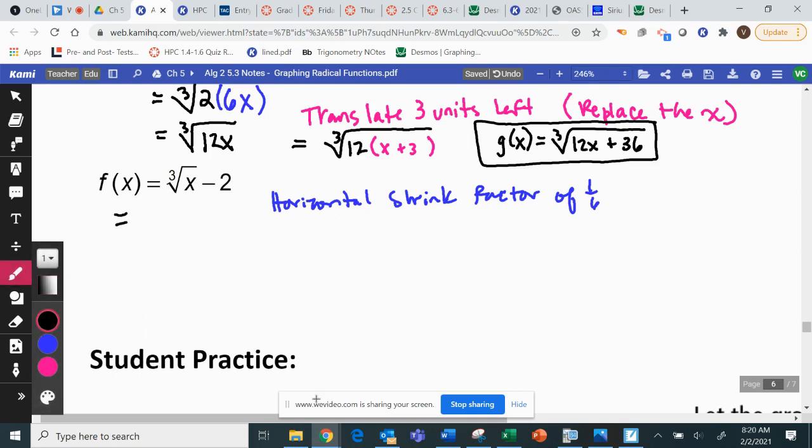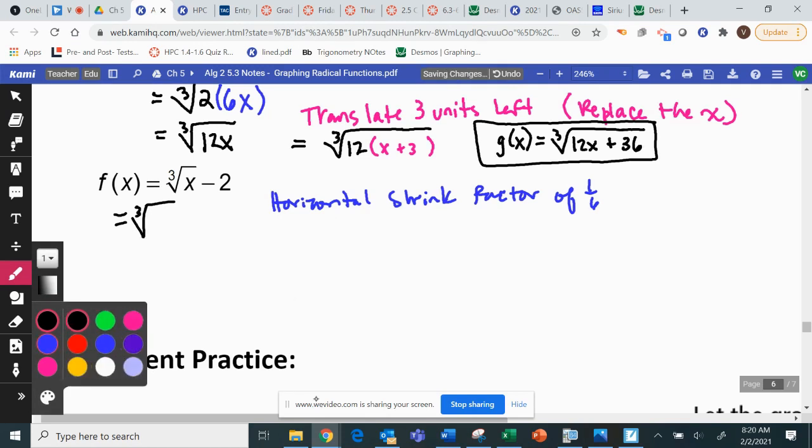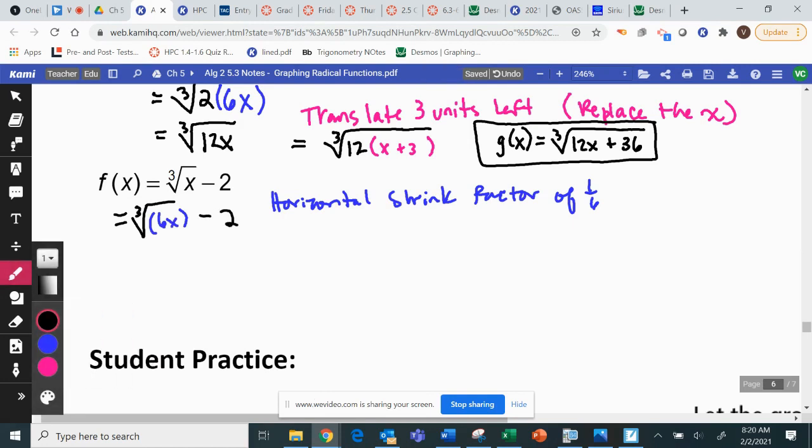So I'm going to have cube root, and I'm going to replace the x with 6x, and then minus 2. So all I did was replace the x. So I have cube root 6x minus 2.